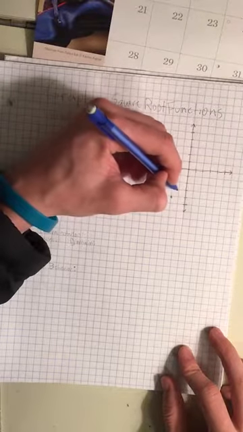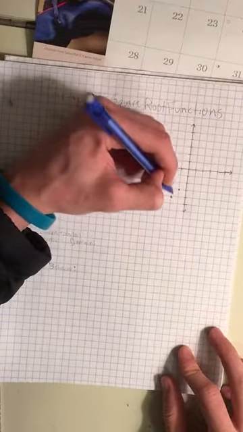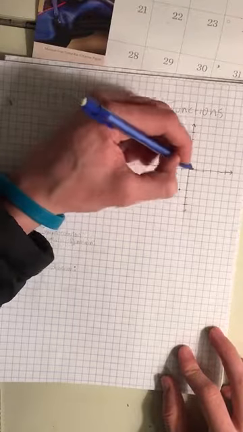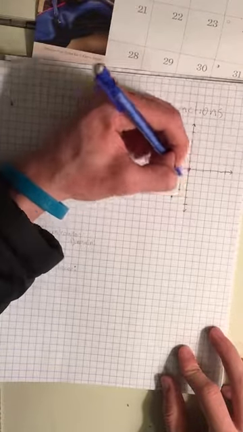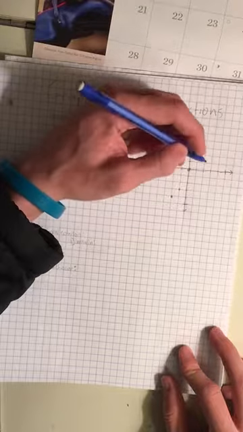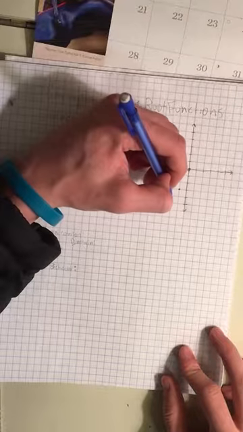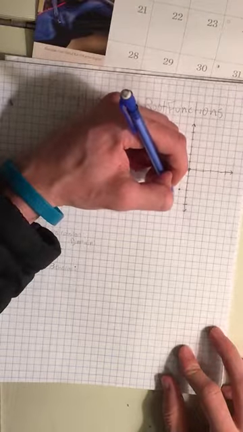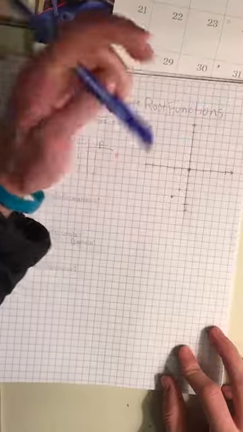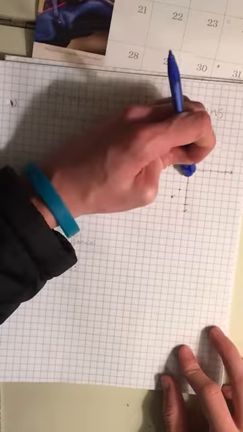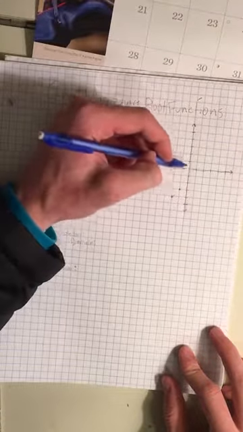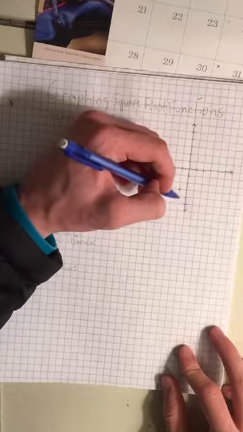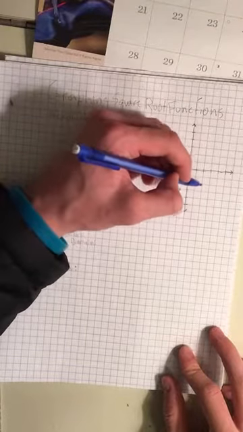So we'll go up 1 over 1, and then up 4 over 2, and that's going to start giving you your line. Excuse me, over 4 up 2. So 1, 2, 3, 4, up 2.